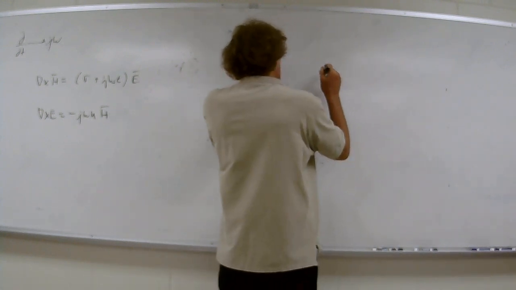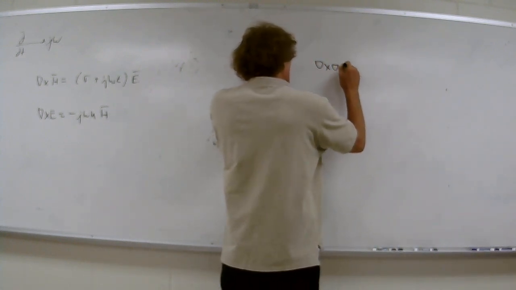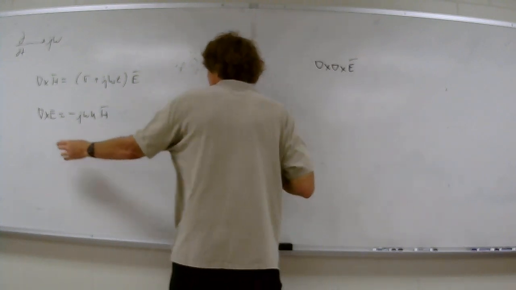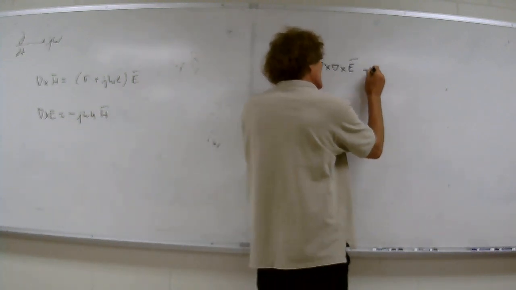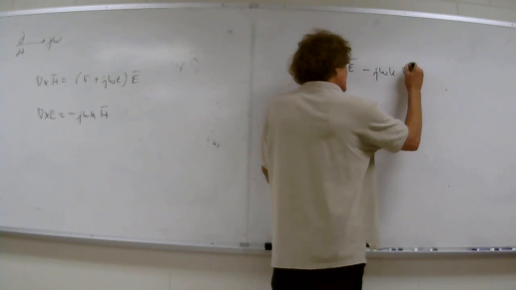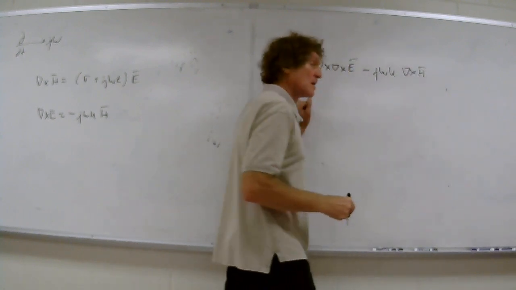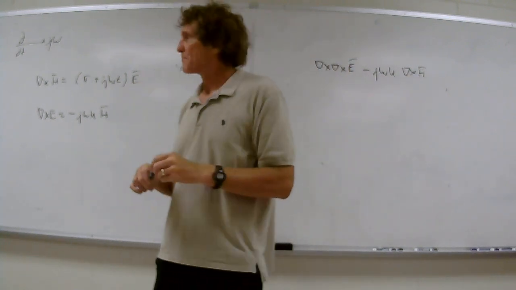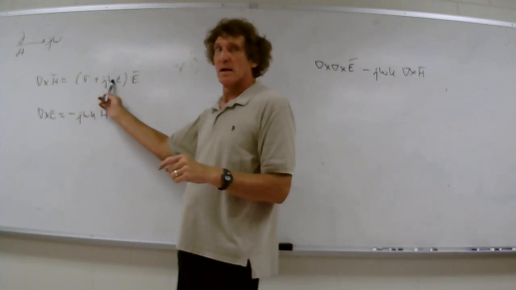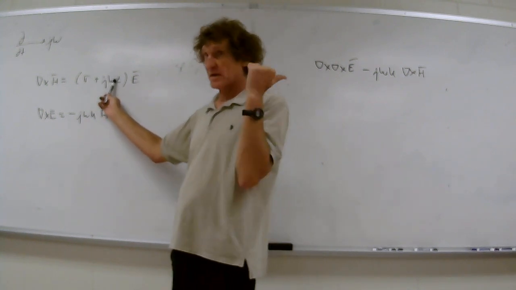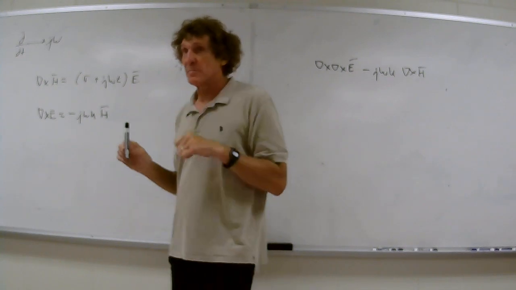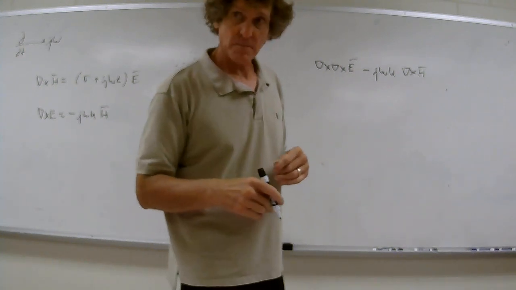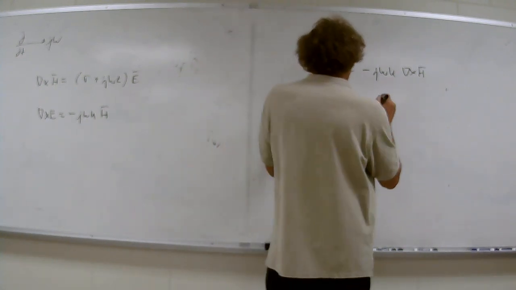So if you take the curl of E, this double curl is equal to minus j omega mu curl of H, right? What do we do to get rid of curl H, guys? Take that curl of H and stick it in there. It's equal to nothing but a bunch of constants times E, right?